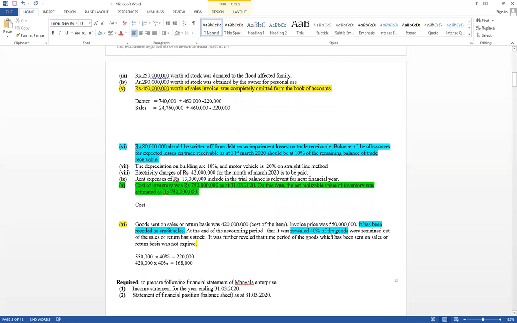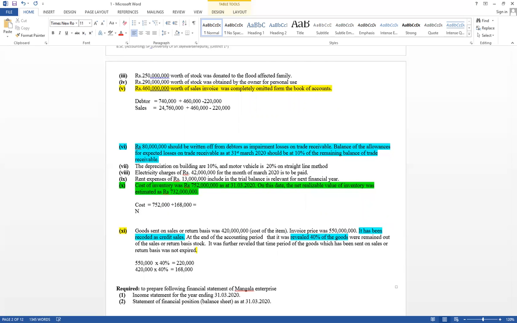If not sold, their cost value should also be considered as our inventory. Therefore, the cost value given as available at the store as at 31st March is 752,000, and add 168,000 also for goods sent on sales or return basis. If not sold, its cost value should also be considered as our inventory.